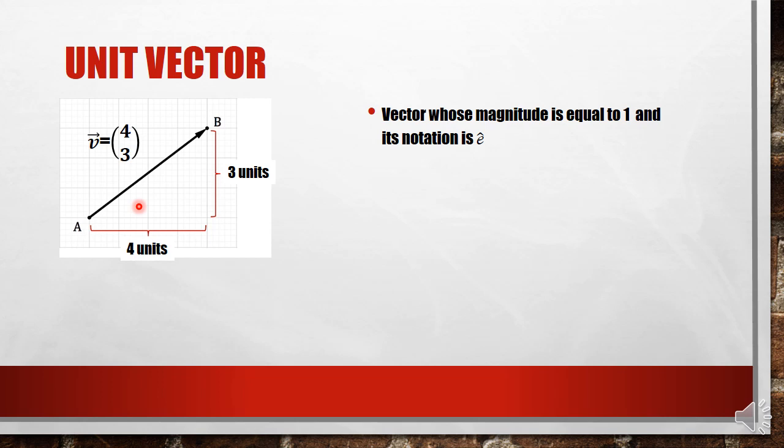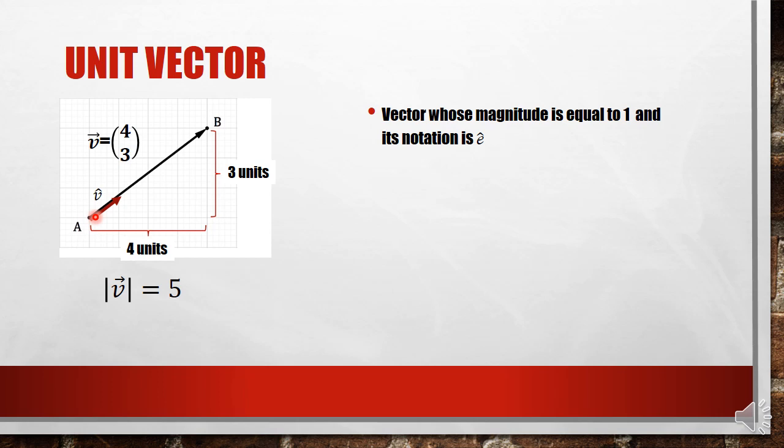Before we go to that, let's see. Vector v itself has a magnitude equal to 5. The length of vector v is equal to 5. Now we want to find the unit vector with the same direction as vector v, but the length is only 1, like this one.